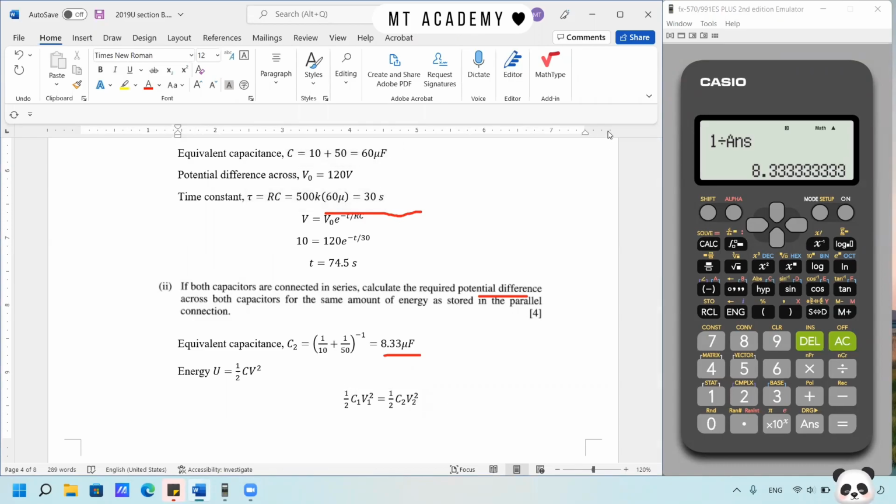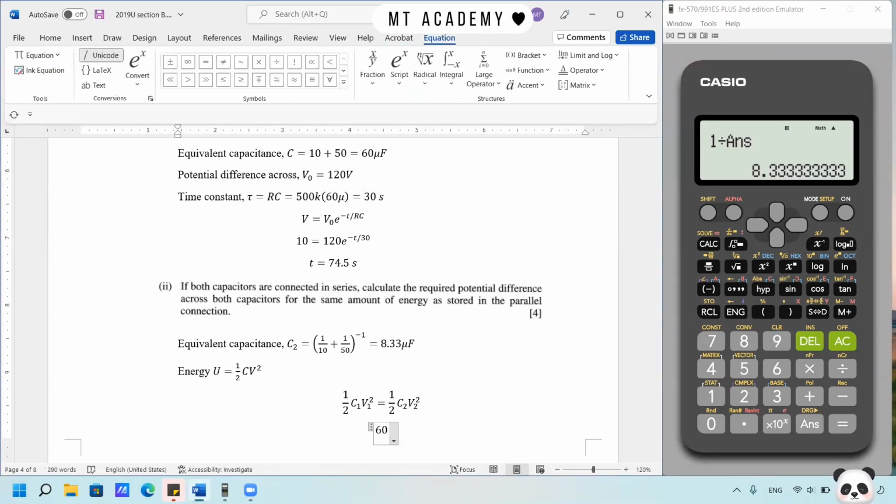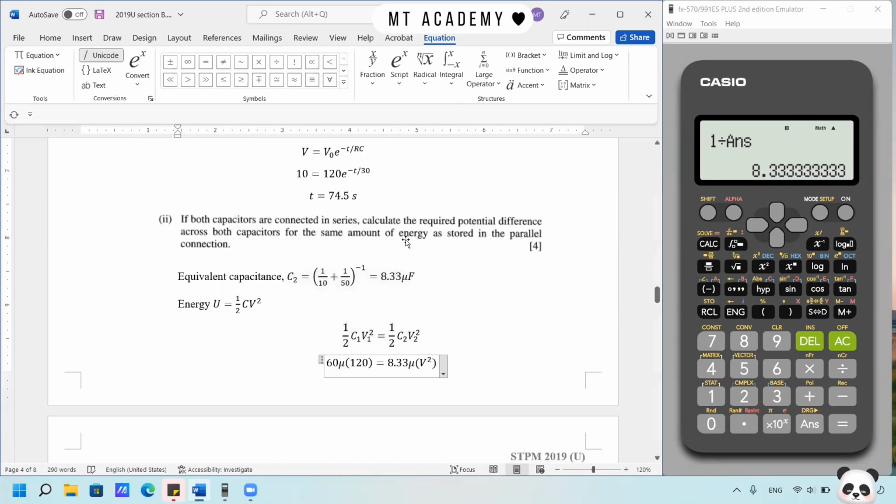The first C1 is 60 microfarad, multiply the voltage, which is 120 volt, equal to the new capacitance, 8.33 micro, multiply the voltage square. So this is how we can solve these questions and obtain the new required potential to maintain the same amount of energy.